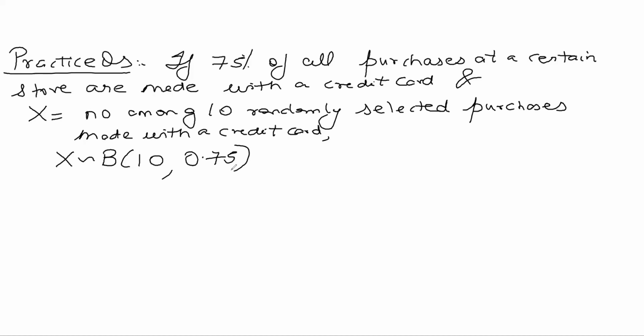So here N is 10 and the probability of success is 0.75. The question asks you to find the mean and the variance.